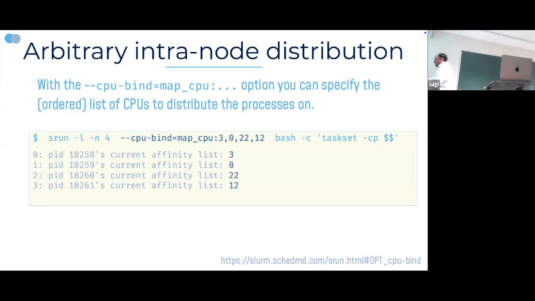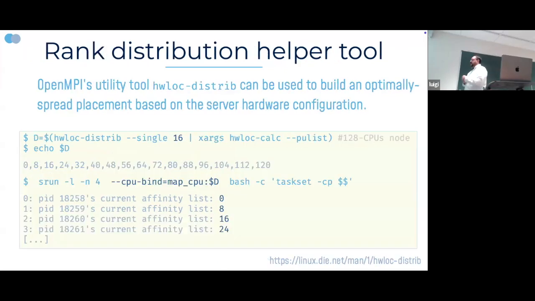So for instance, here I use map_cpu, and then I give it a completely random list of CPU numbers. And if I use, again, taskset as before, I find back the numbers which I requested Slurm to use. Okay, so this is an example which by itself is not interesting.